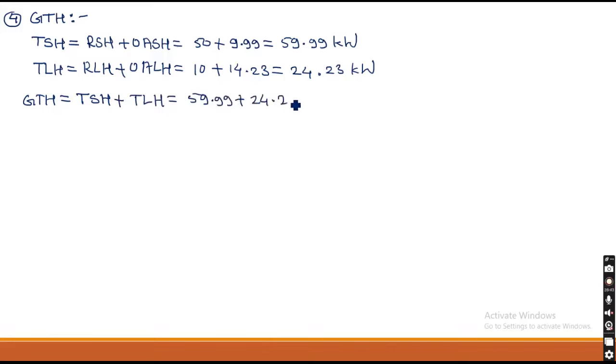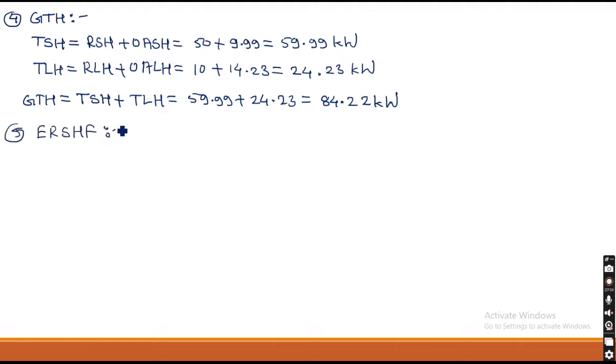So if we add, we get the grand total heat as 84.22 kilowatt. Okay, 84.22 kilowatt, right?